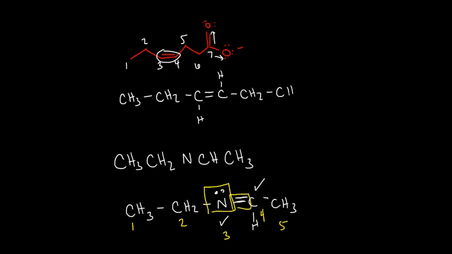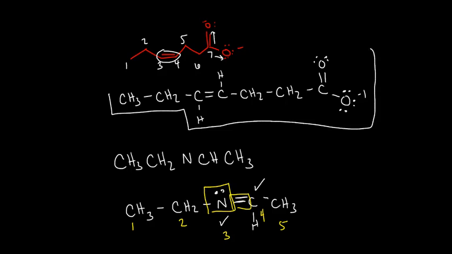Carbon 6 is CH2. And now on carbon 7, I have a double bond to an oxygen and a single bond to this oxygen anion. So this would be the structural formula for this compound, this fatty acid.